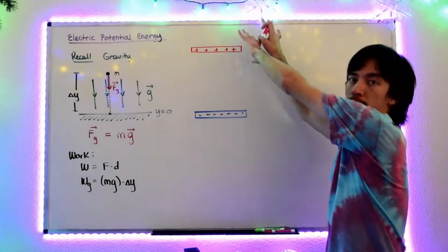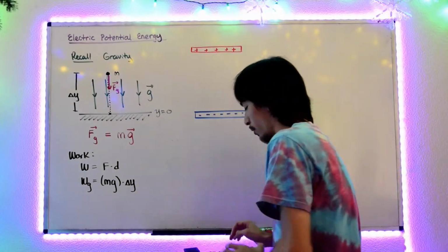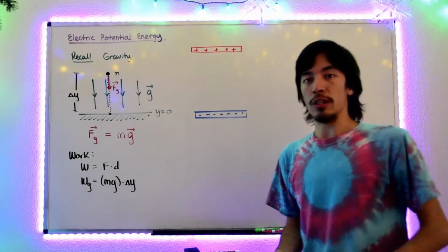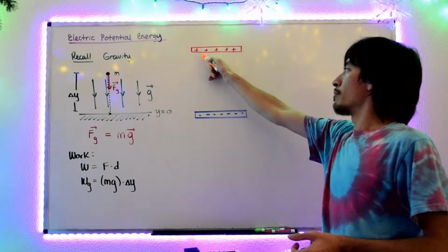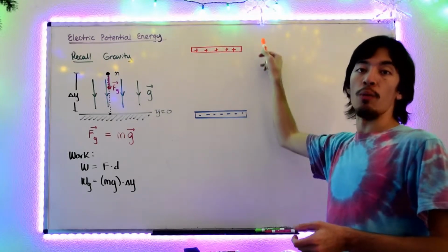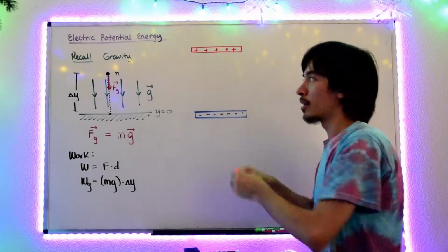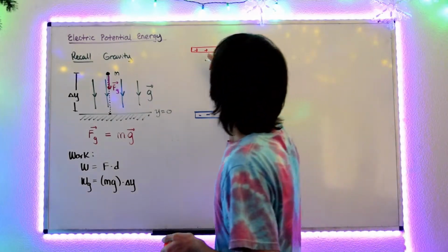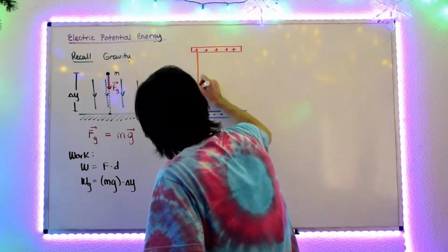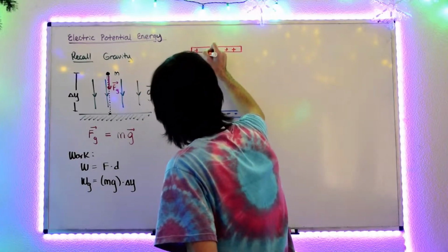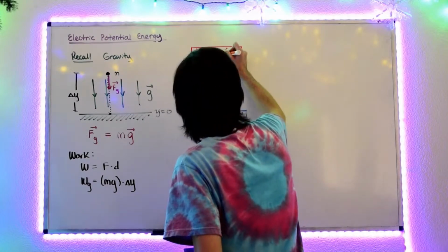So there's a bunch of positive charges up here and a bunch of negative charges down there. We know that charges will emit electric fields. So all the positive charges will try to emit an electric field in every direction away from it, and the negative charges will try to do the same thing towards it. What ultimately happens in the end is that we get this electric field that ends up being relatively uniform between these two regions of charge.